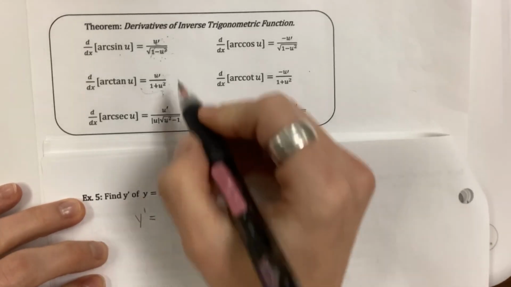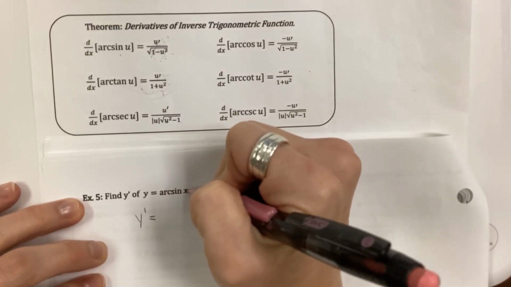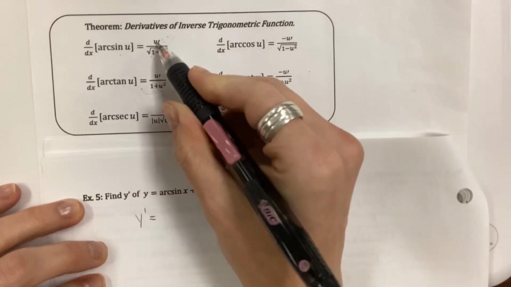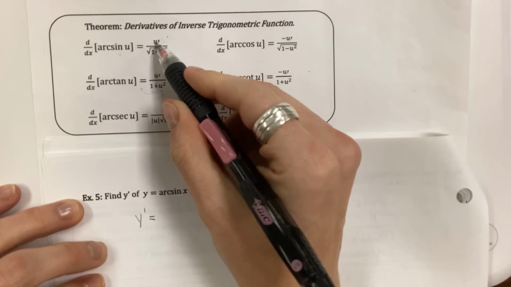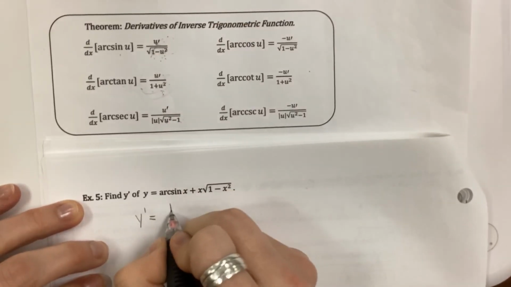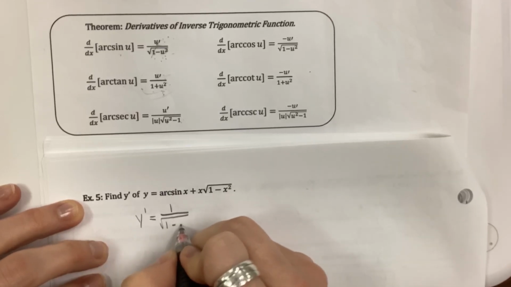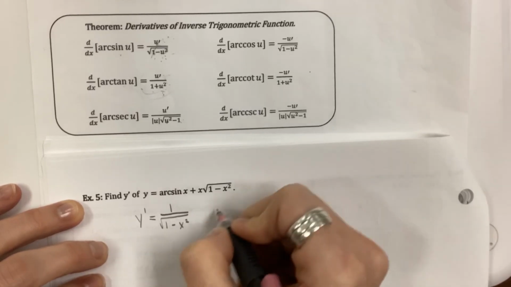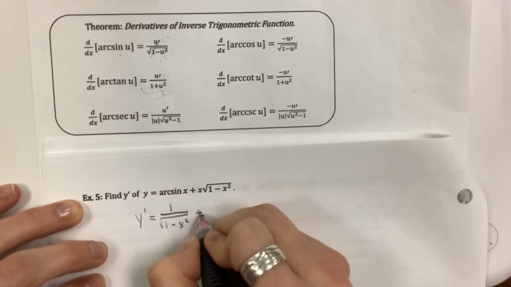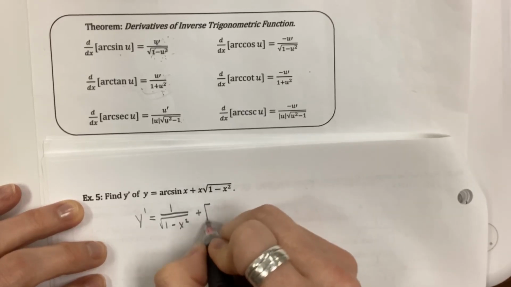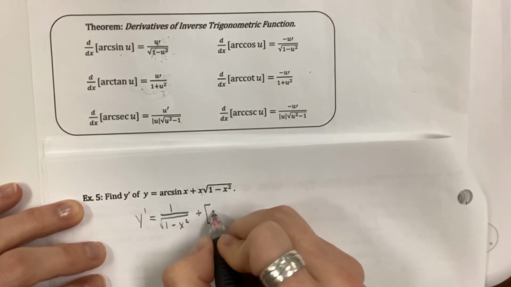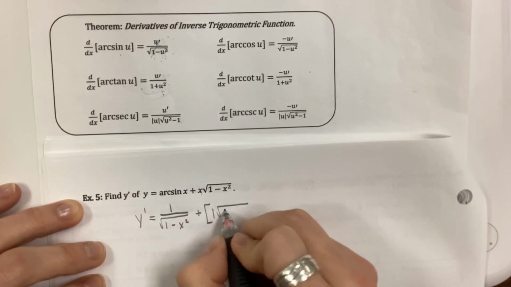So arcsine, using our table, this is just x, so u prime is just going to become 1. So I have 1 over 1 minus the x squared. And now I have to do the product rule on this. So that x just becomes a 1.